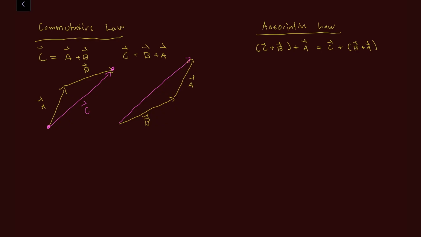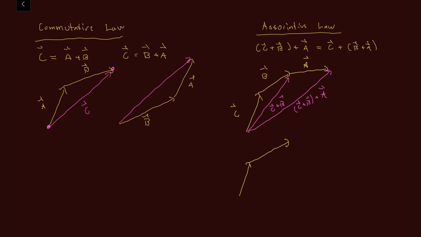Let's go ahead and prove this one as well. Let's say we have our three vectors here. This one's going to be C, this one's going to be B, this one's going to be A. And let's try to prove the left-hand side, which is C plus B, and then the result of that plus A. So let's label this C plus B, and then the result of that plus A. Okay, this is (C plus B) plus A, and that's what it looks like.